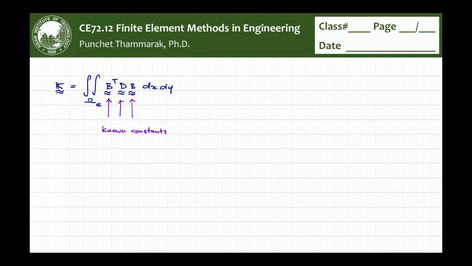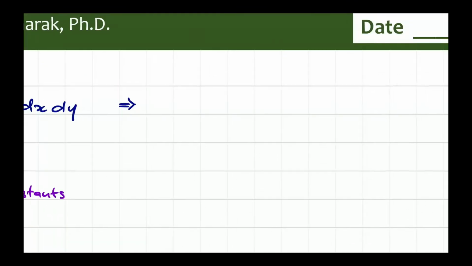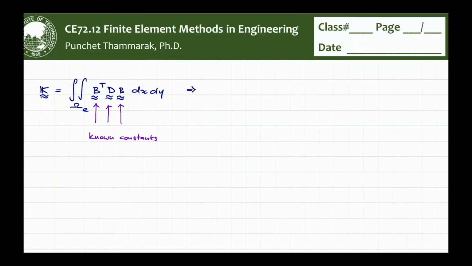So in that case, I can take B transpose D B out of the integral, leaving this inside.